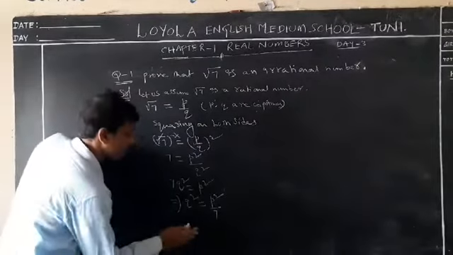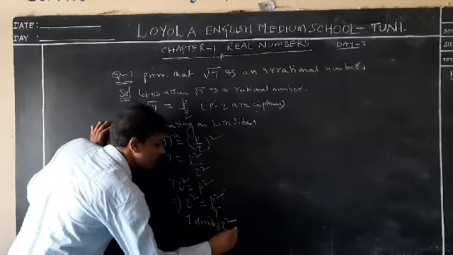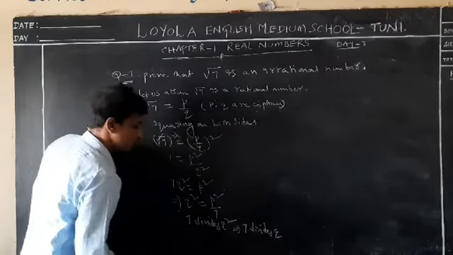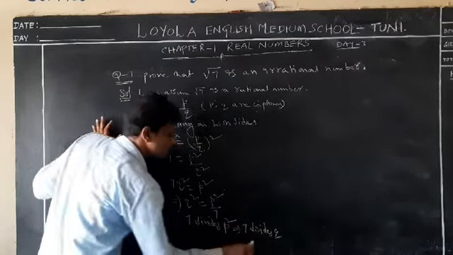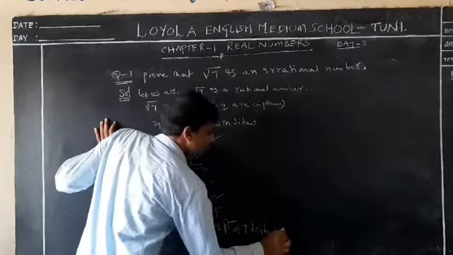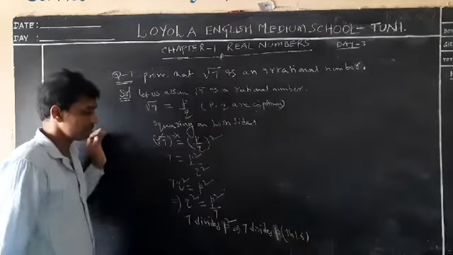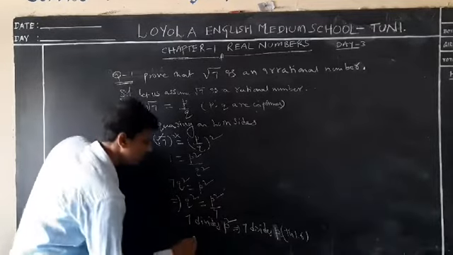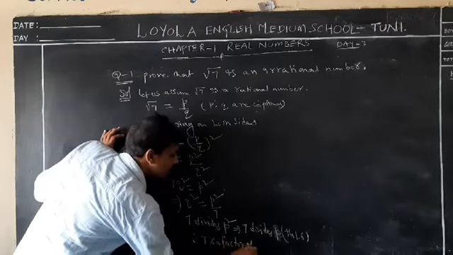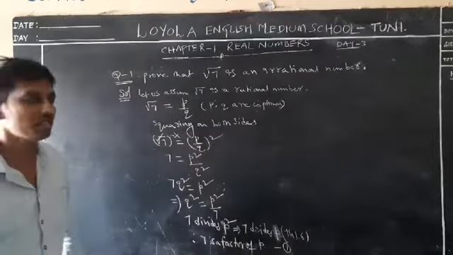Yes. 7 divides p square, which implies 7 divides p also. How do we know this? Theorem 1.6. From this statement, we came to know 7 is a factor of p. Say this is the first equation.